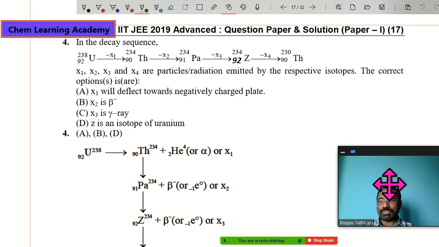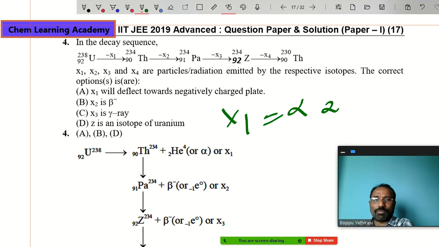In the decay sequence, 92 uranium 238, on emission of X1, 90 thorium 234 is formed. Here atomic number decreased by 2 units and mass number decreased by 4 units. Therefore, X1 is an alpha particle, nothing but 2 helium 4. Next, 90 thorium gives 91 protactinium with no change in the mass number.